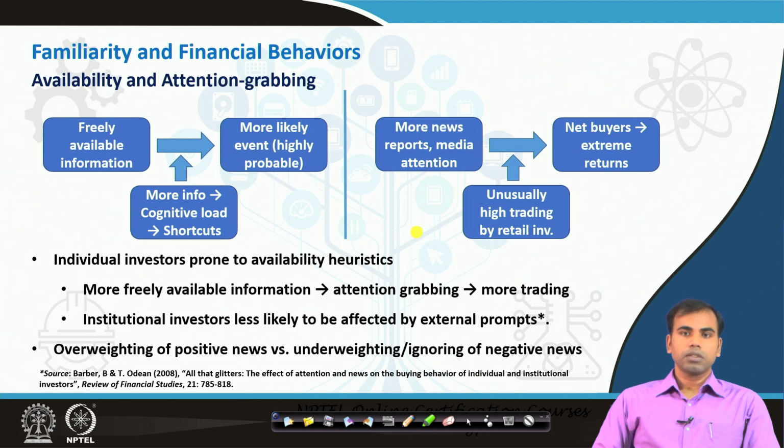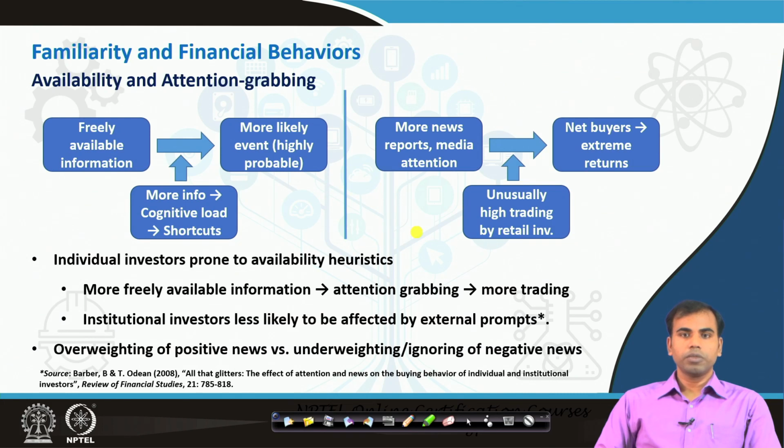The human tendency which is very commonly observed is we tend to identify stocks which are more in news or which are getting more media attention, and in the process retail or individual investors tend to give more attention to such stocks which are coming in the news media frequently, and they start trading more and more of such stocks. That will lead further to more buying of these types of stocks and extreme cases of return in both positive and negative ways.